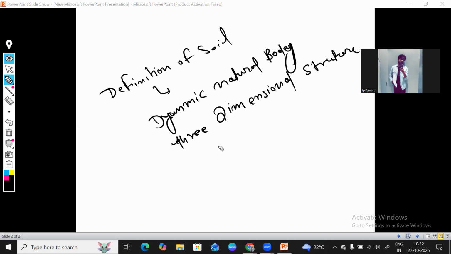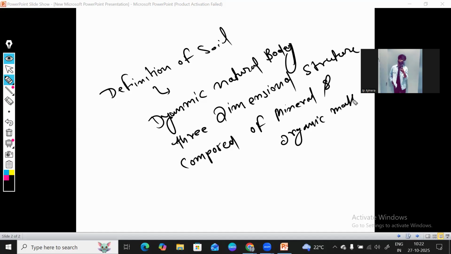Then, what is it composed of? It is composed of mineral and organic material, as well as living forms, in which plants grow.